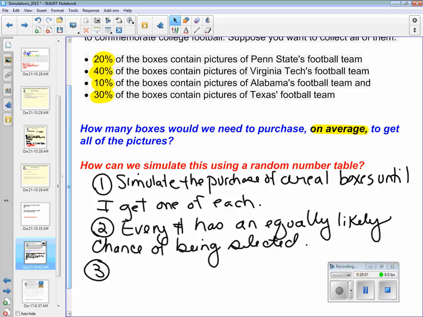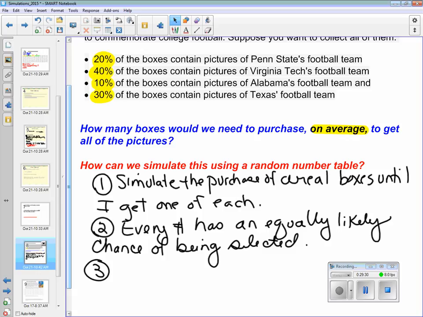If your percents end in a 0, you're going to use single digits. If your percents end in anything else, you're going to use 2. I believe that your just checking example in the textbook was like 53% or something, wasn't it? It was an odd percent. It was not a percent that ended in a 0. So you had to simulate with 2 digits.